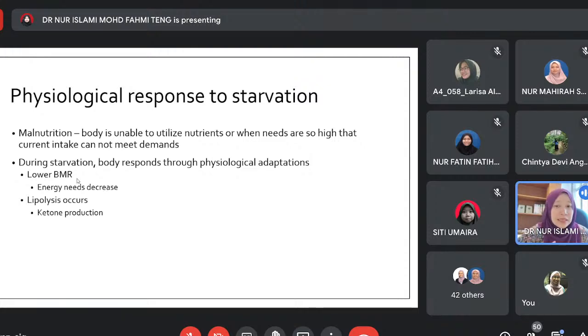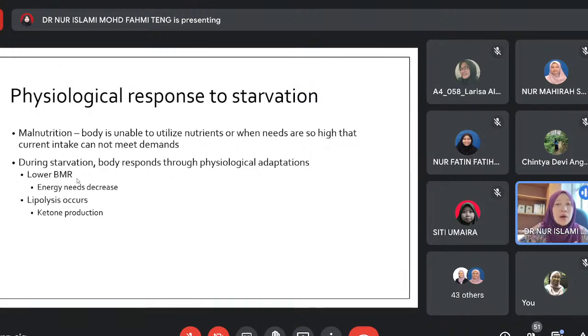So the surgery itself, yeah, leads to inflammation corresponding with the extent of the surgical trauma and leads to a metabolic stress response. Okay, so here kalau you tengok kat sini dia punya physiological response when the metabolic stress response yeah, perhaps the body will experience malnutrition because the nutrient supply is inadequate, or cannot meet the requirement.